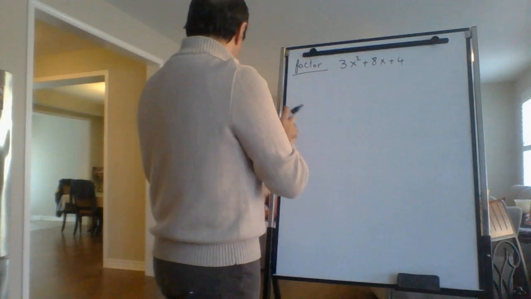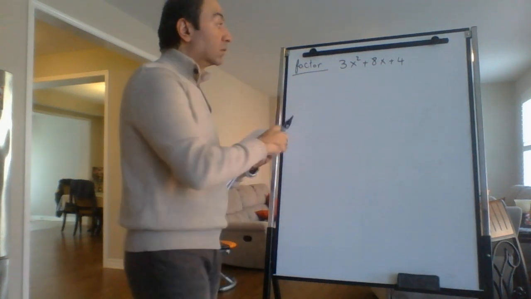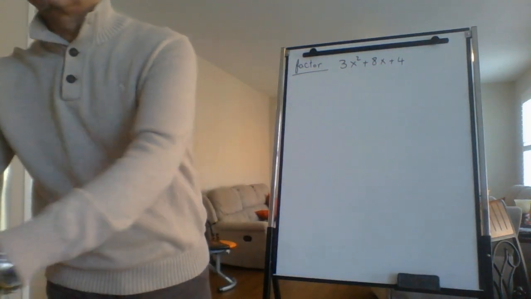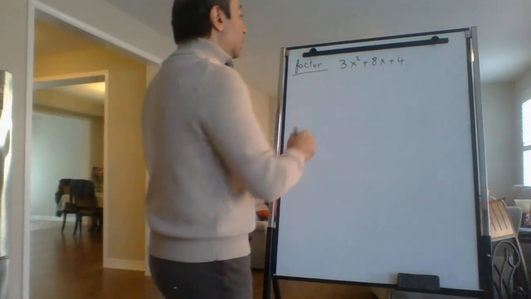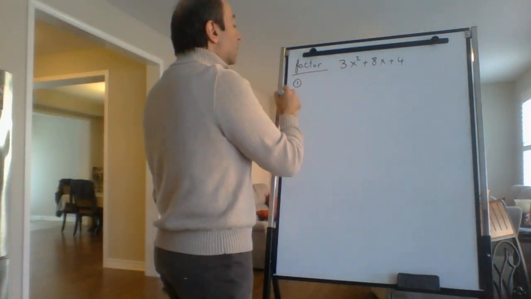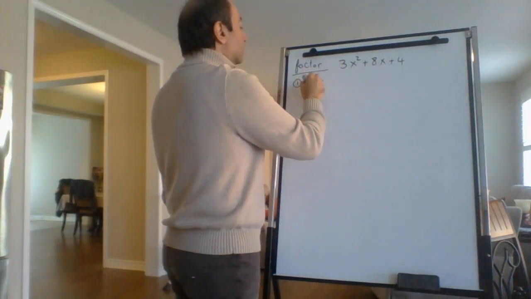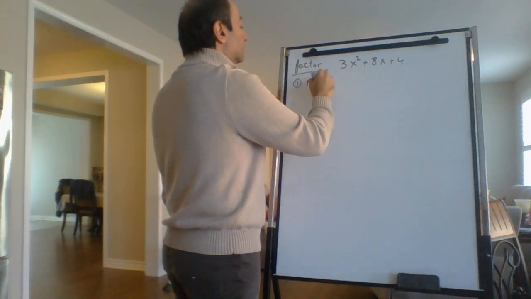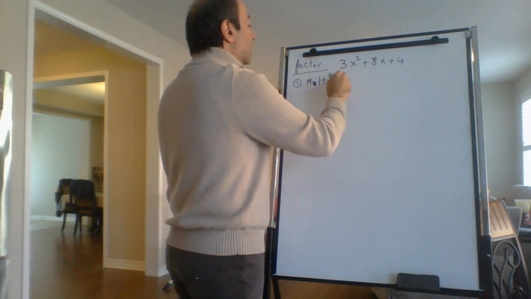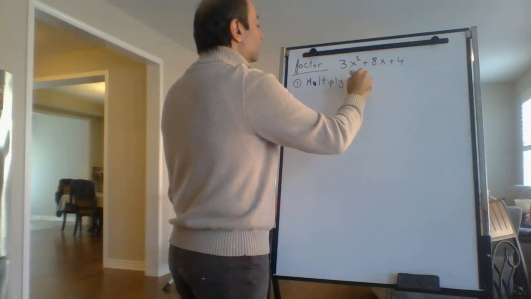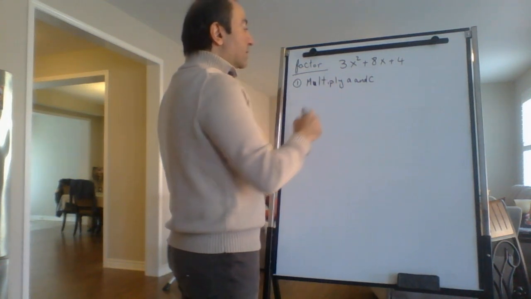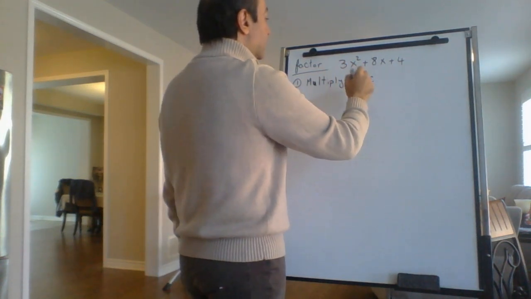I want to factor this. Okay, so the first step is multiply A and C. It's called the AC method, so we're going to multiply the A and the C.